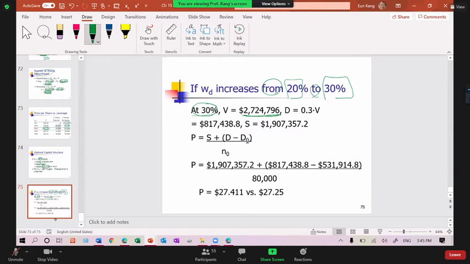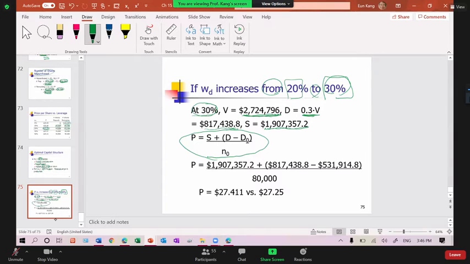And then what? That is 30% of value. Then there is 817,438.8. And this one minus this is 190,735.72. In that case, you need this formula because D0 is not 0.